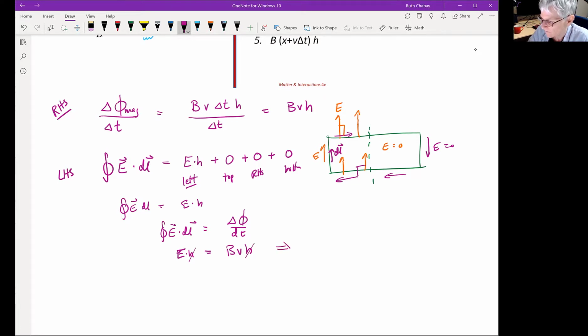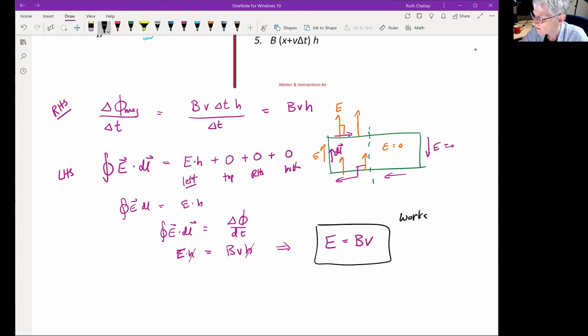So we find that this works okay with Faraday's law if and only if the magnitude of the electric field is equal to the magnitude of the magnetic field times the speed the pulse is traveling at.